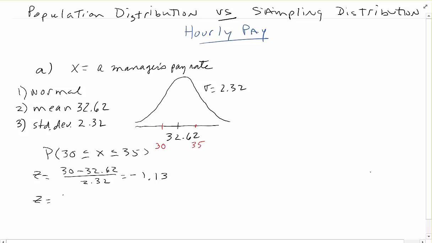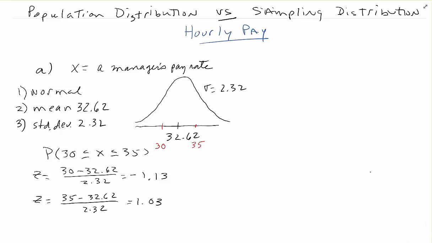Then the z-score for the 35, I get 1.025, which I'm going to round to 1.03. So the 30 is 1.13 standard deviations to the left, and 35 is 1.03 standard deviations to the right.